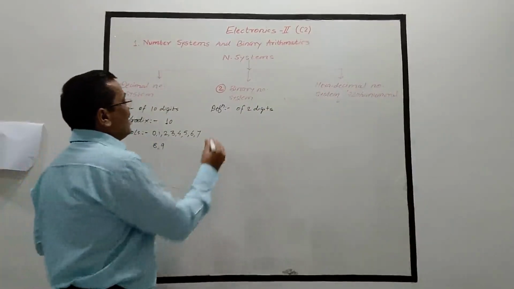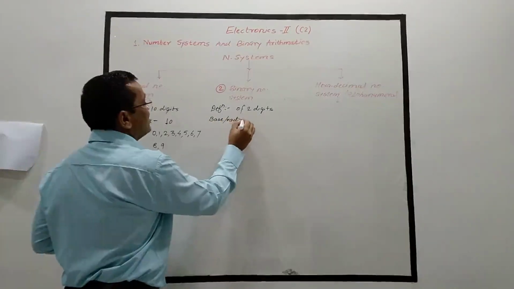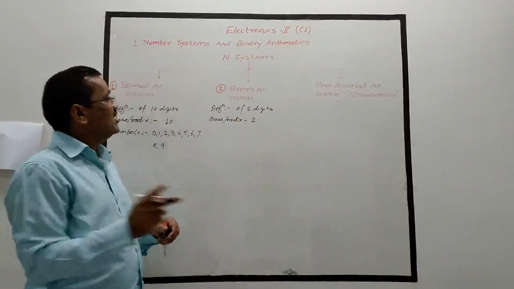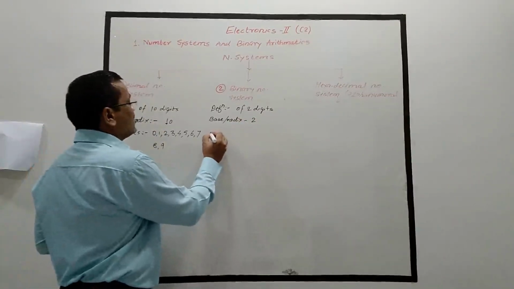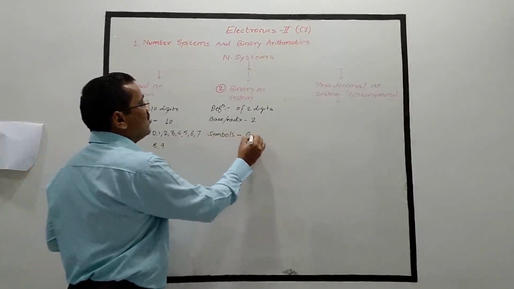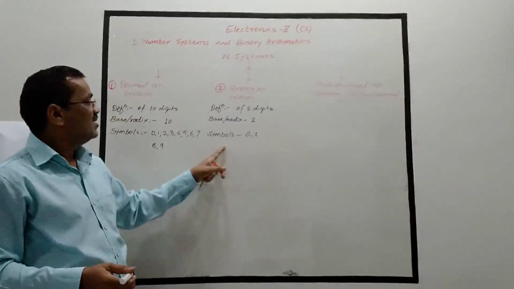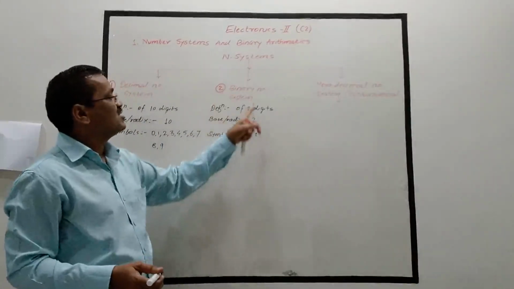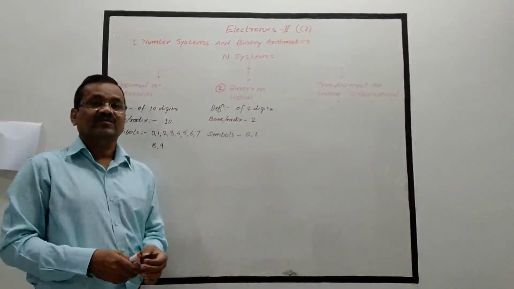The base or radix for this number system is 2, because there are 2 different symbols used, and those are 0 and 1. That means in the binary number system there are only 0 and 1. This number system, the binary number system, and the hexadecimal number system are used in the computer or microprocessor.